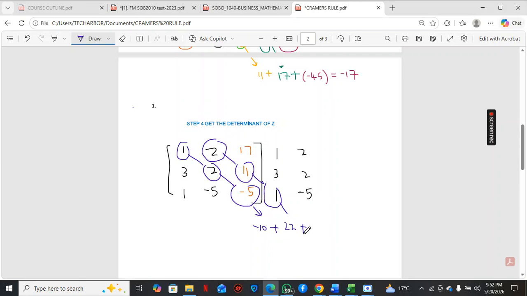Plus 17 times 3, that was 51. 51 times negative 5, that is negative 255.